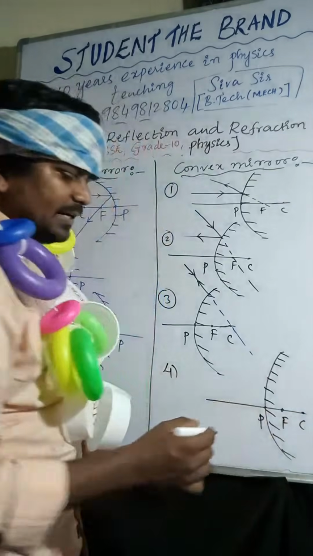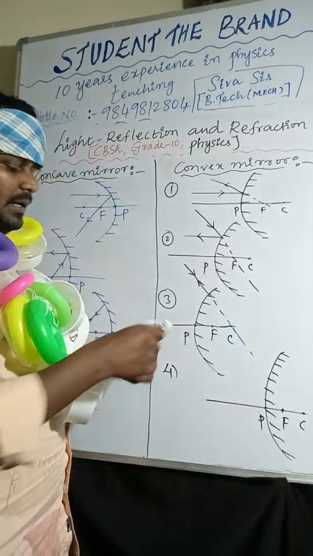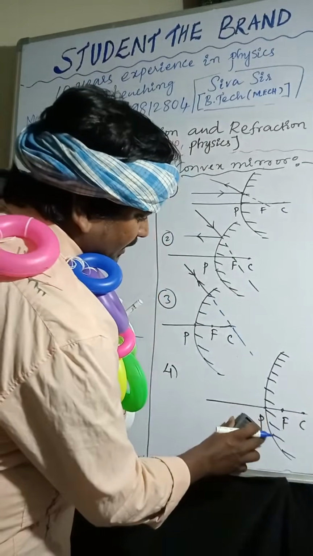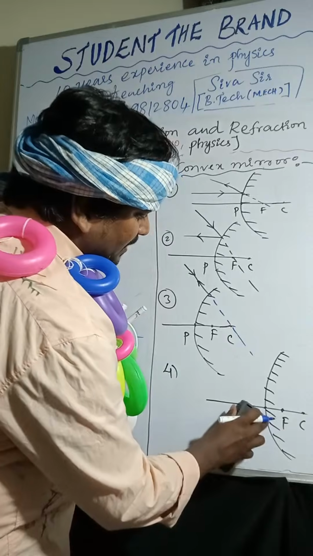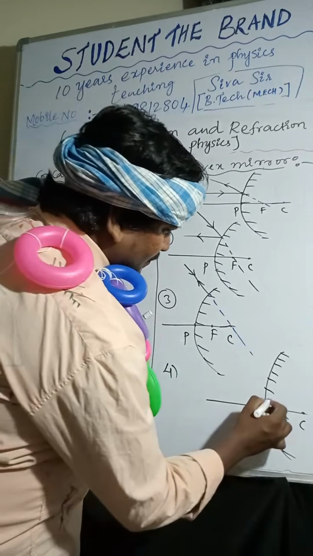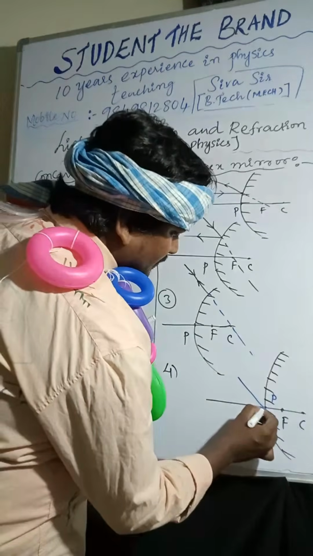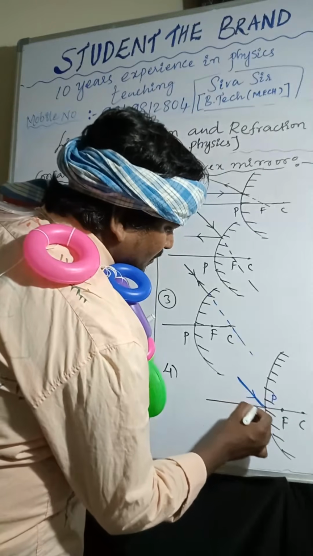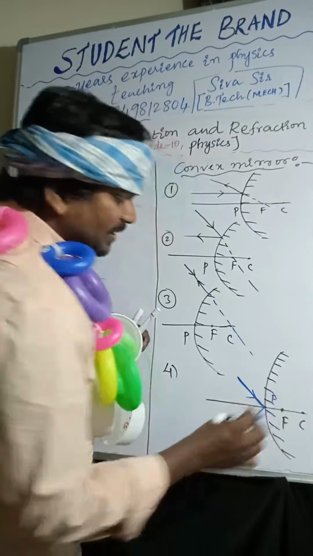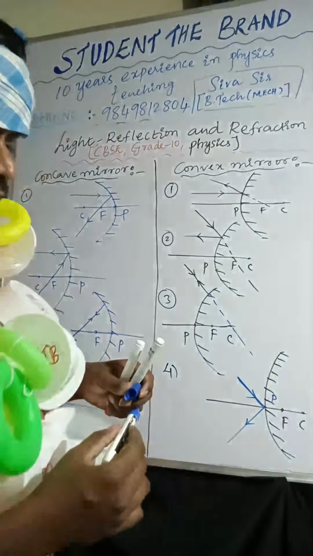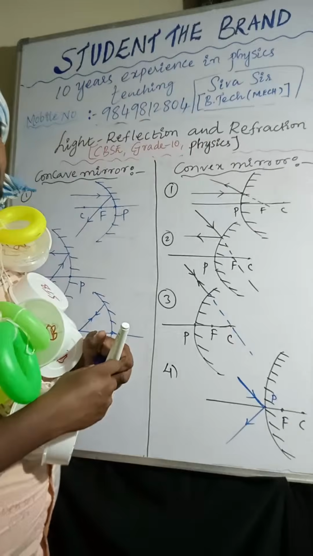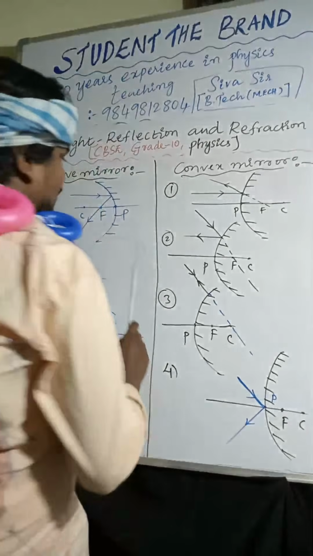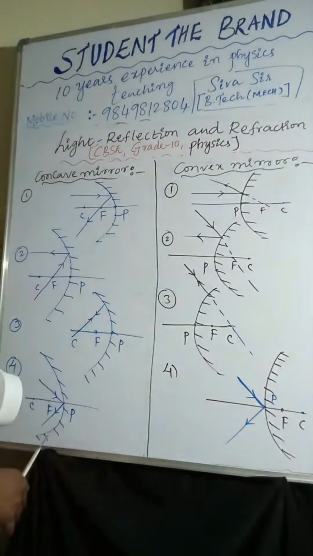Light ray incident at the pole reflects back. So write a reflection. You can observe now. Okay, so these are the ray rules of concave mirror and convex mirror.